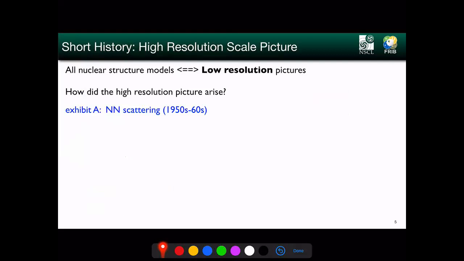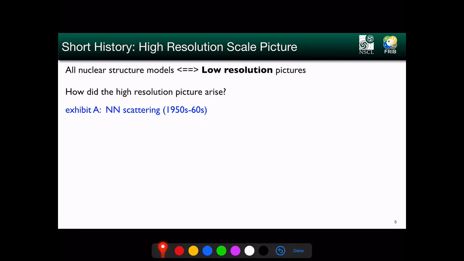Okay, so what about the high resolution scale pictures? Let's give some basic history there just to see how people came up with this view of the nucleus. How did the high resolution picture arise? In my mind, there are really two thrusts of work in the 50s and 60s, which revealed this picture.